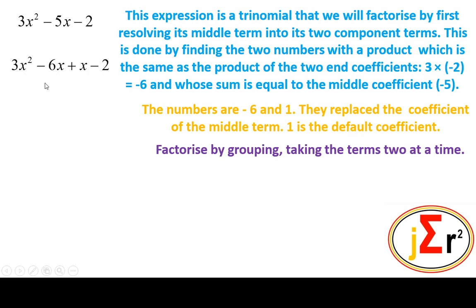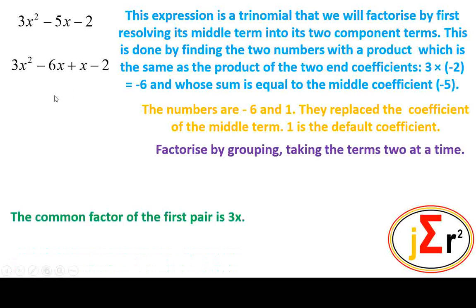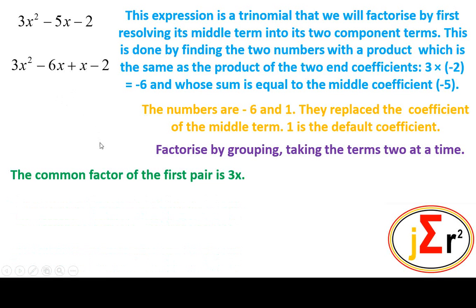We will therefore factorize the first 2 terms that we have right here. The common factor of the first pair is 3x. We can see that 3 is a common factor of 3 and 6. Also, x is a common factor of x squared and x. The common factor of 3x squared and -6x is 3x.